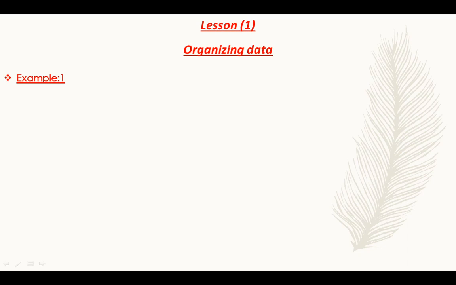Very important remark, if the number of rows is m and the number of columns is n, then the form of the matrix is m times n, or of order m times n. The number of elements of the matrix equals the number of rows times the number of columns, m times n.